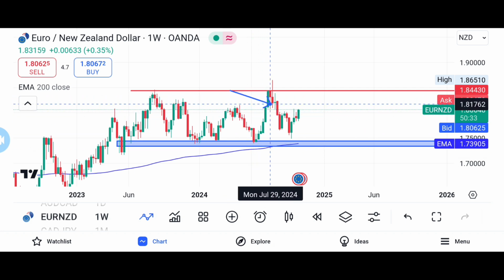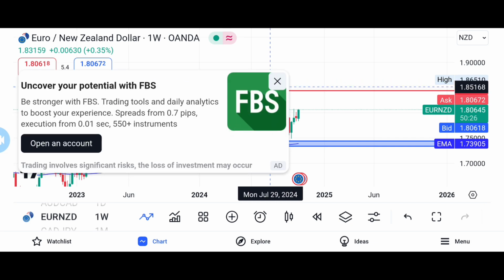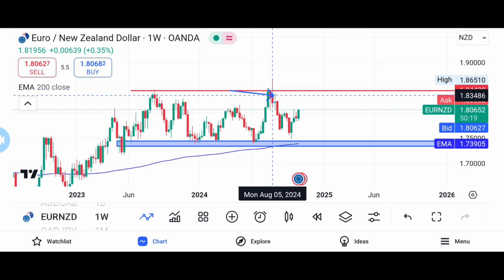The only time we broke this area, we broke it with a wick. When you see a wick, guys, this is a fake out.